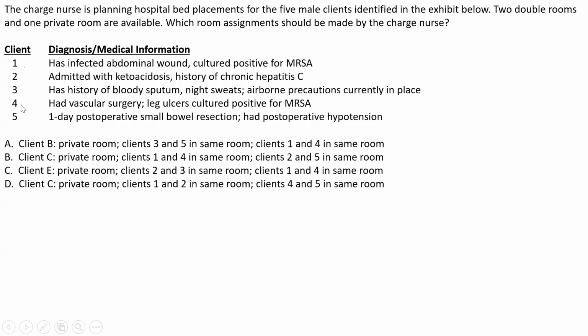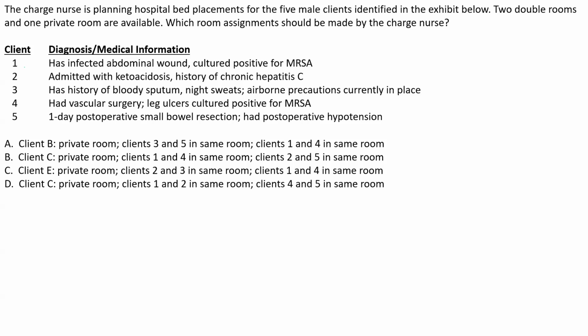And then clients 1 and 4 get the same room because they both have MRSA. And then 2 and 5. Yes, B is correct, because client C has airborne precautions and the patient requires a private room, right? Now, client A and D, which is client 1 and 4, they have the same organism. They have MRSA and MRSA.